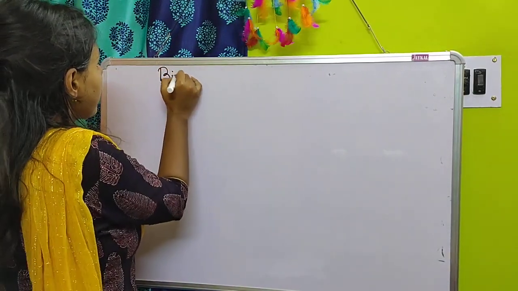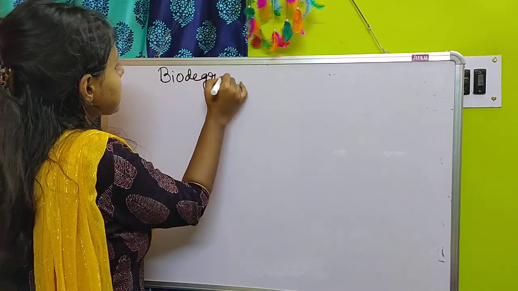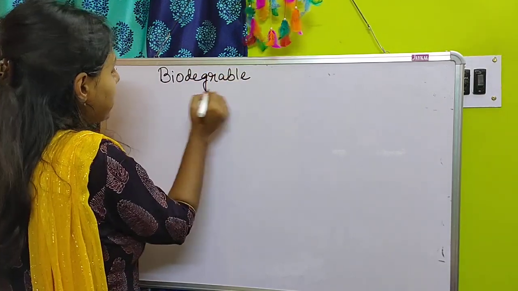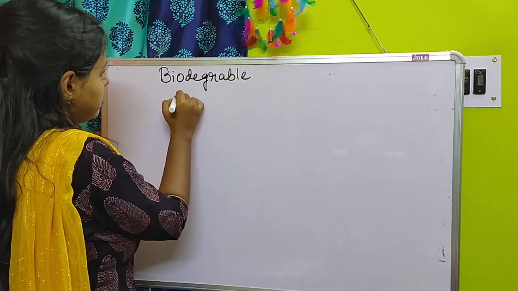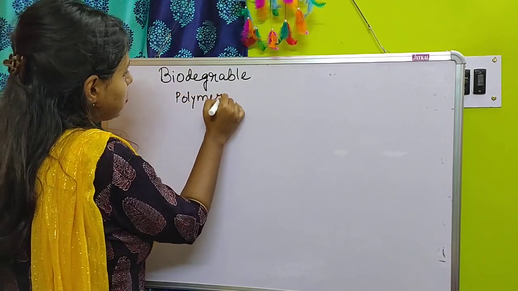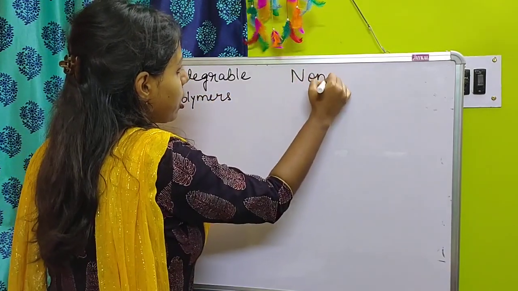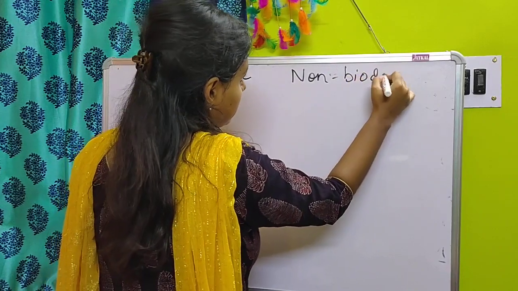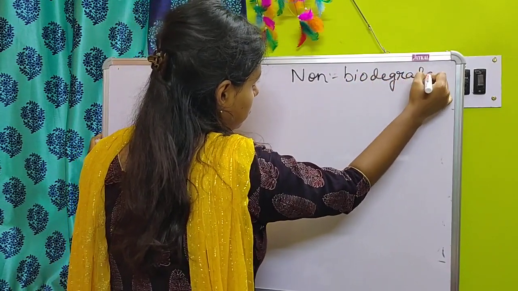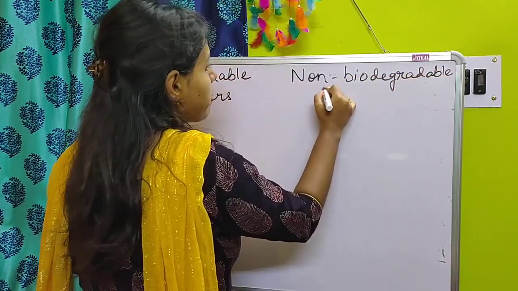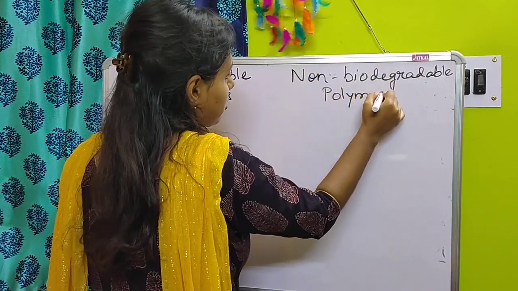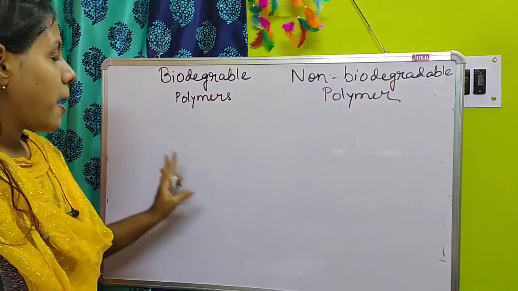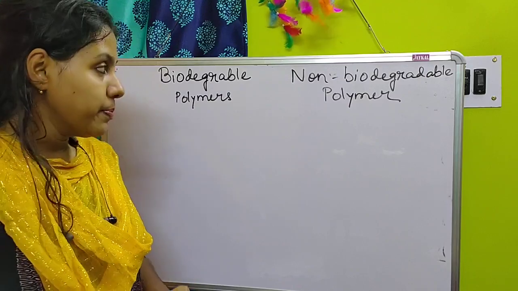One is biodegradable polymers, which can be decomposed. Another one is non-biodegradable polymers.